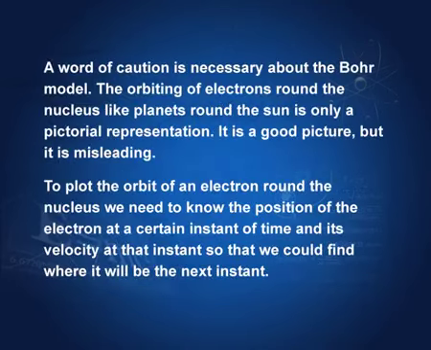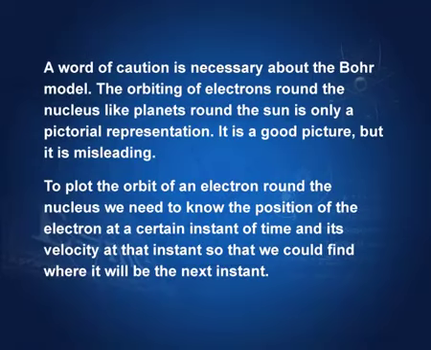A word of caution is necessary about the Bohr model. You see, we are saying that there is a nucleus and electrons are moving around the nucleus in orbits like the orbits of planets around the sun. This is only a pictorial representation. It is a good picture, but it is misleading. Why is it misleading?